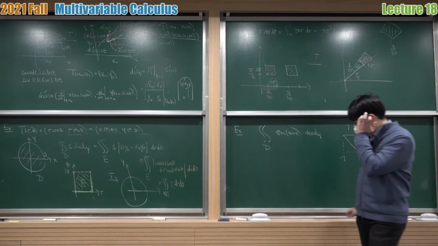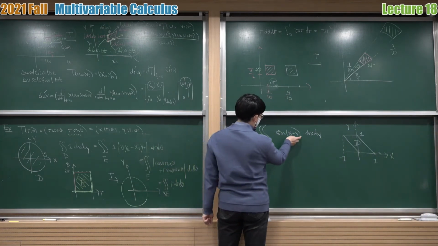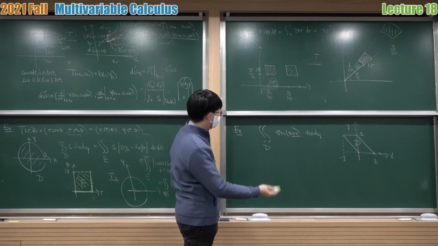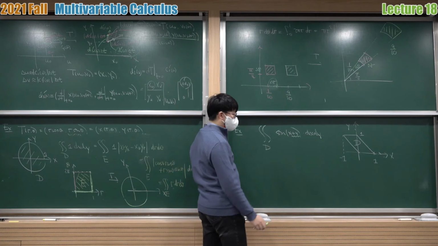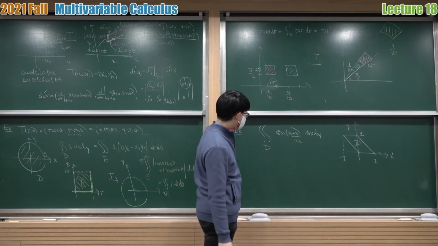there's a clever way to do that. I don't want x plus y, two variables, inside of sine. I just want to make it into one variable. Let's say I want to make it into u. Okay.